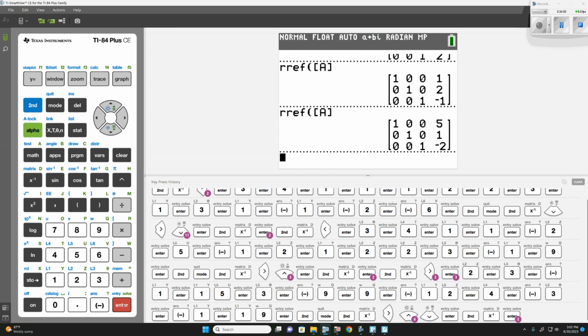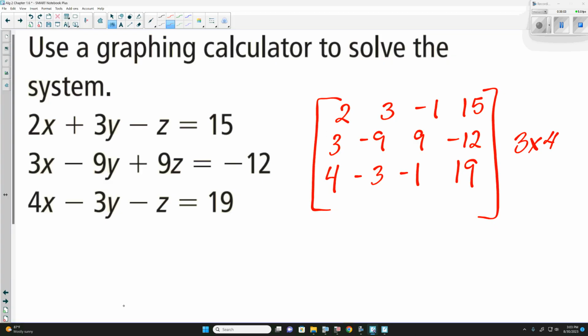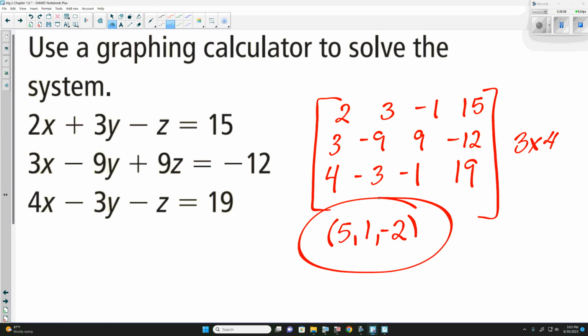So we get 5, 1, negative 2. Yes? Yep. So the answer is 5, 1, negative 2. And that's it. Questions on this here?